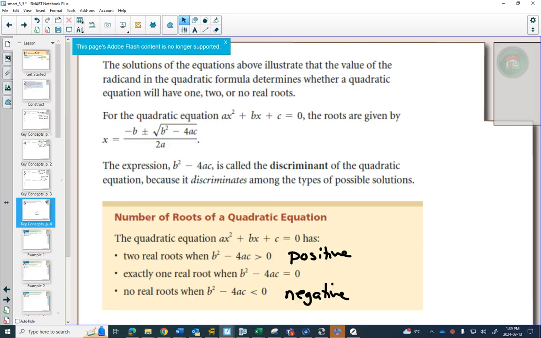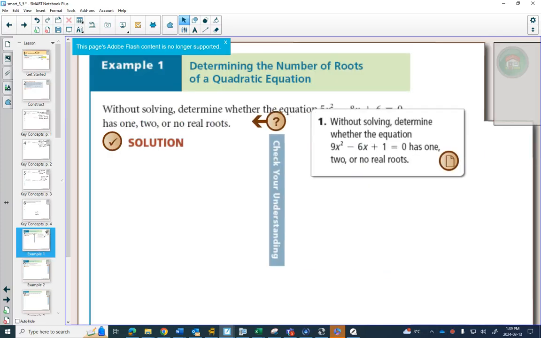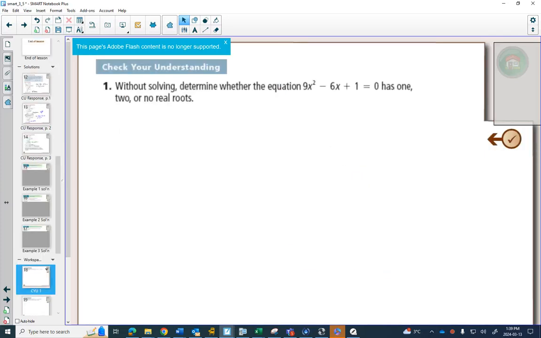Not necessarily bad to get the solution and say, I got the solution has 2 answers, how many roots does it have? 2. But often you'll get questions where it says, without solving.